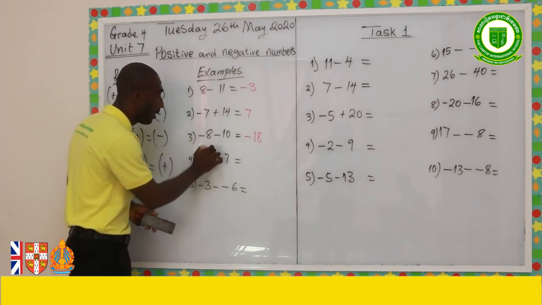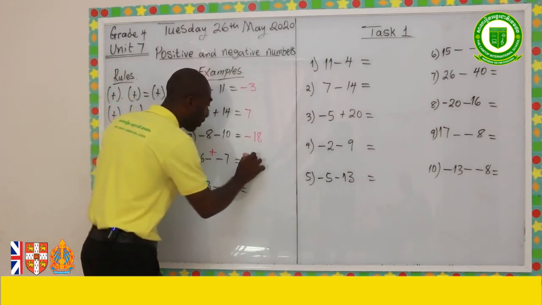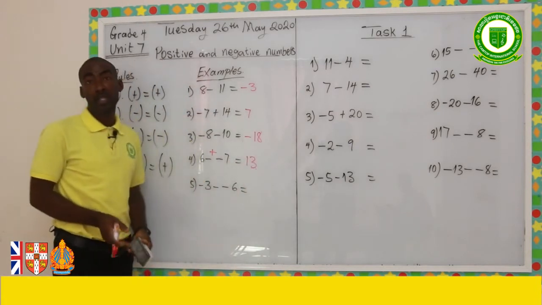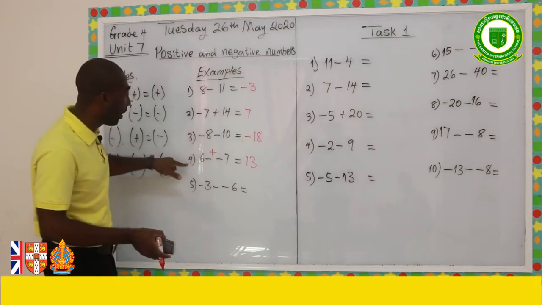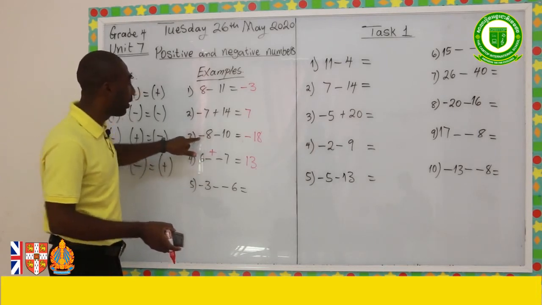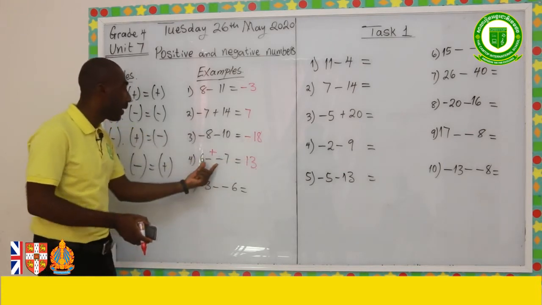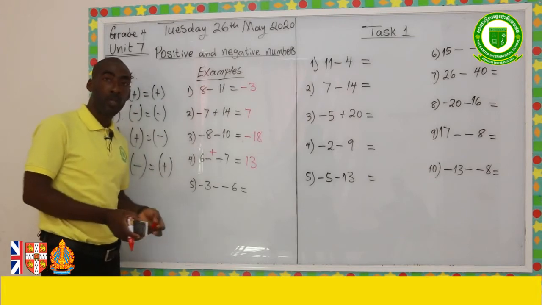So in the actual sense, this is going to change into positive, and then we're going to have a positive answer of 13. Okay, so always check your 3 and 4. If it is at an opposite direction, you still carry your minus, but if it is at the same location, it changes to become positive.